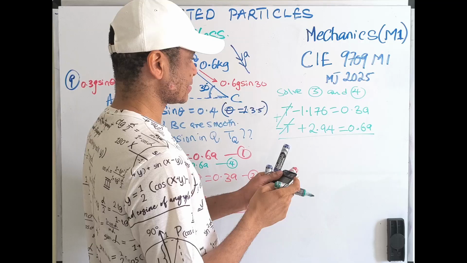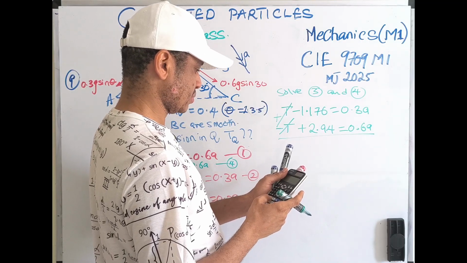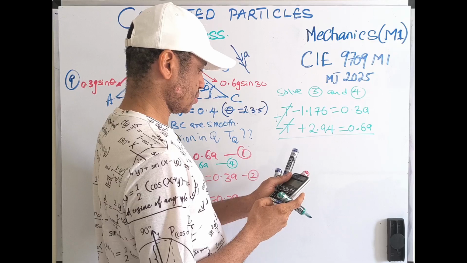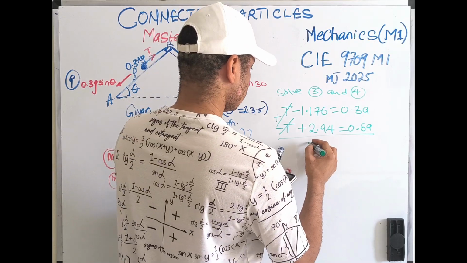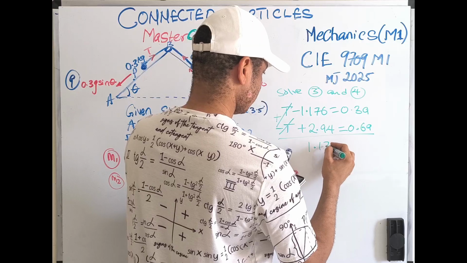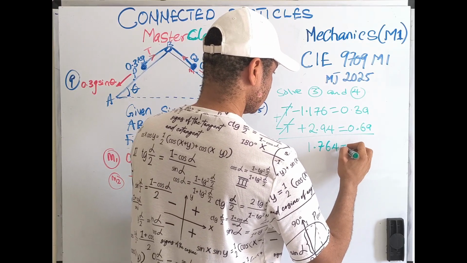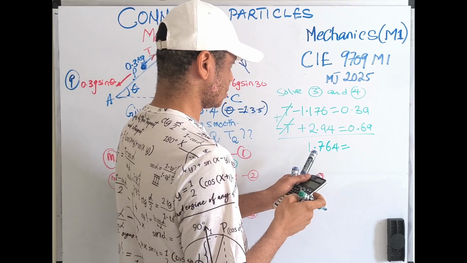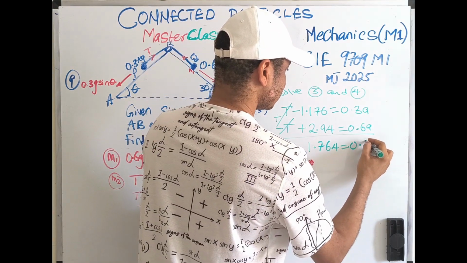So I will add that: minus 1.176 plus 2.94, you get 1.764 equal to 0.9A.